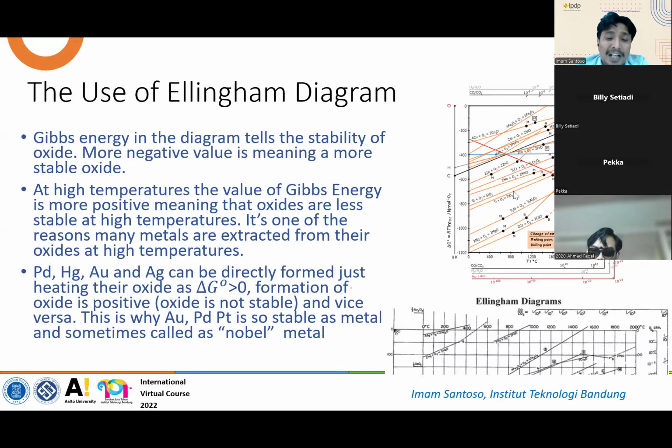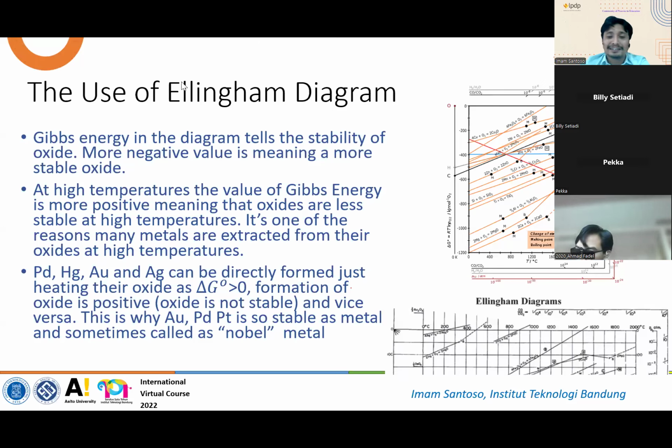Because titanium oxide is above calcium oxide, it means at this temperature calcium oxide is more stable. Or oxygen tends to love calcium more than titanium.